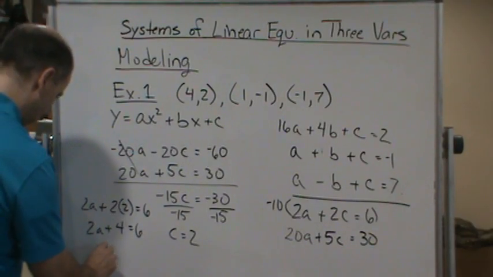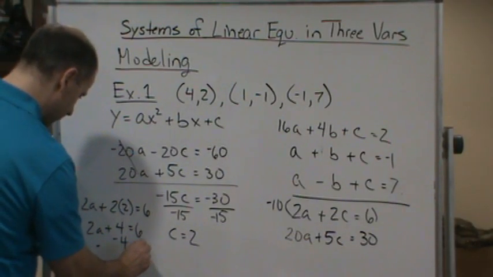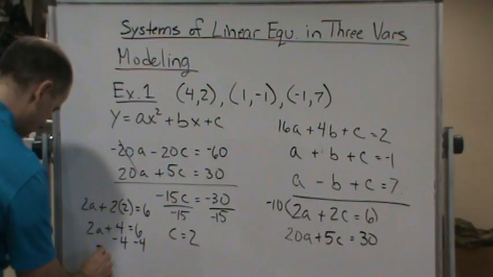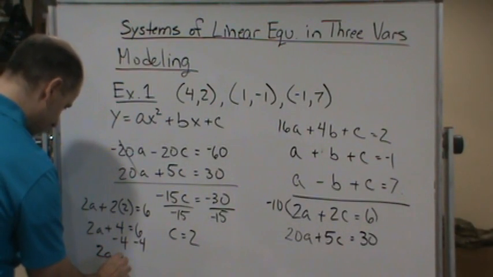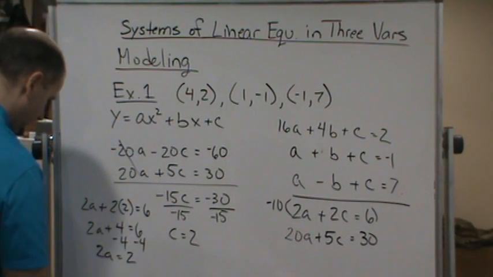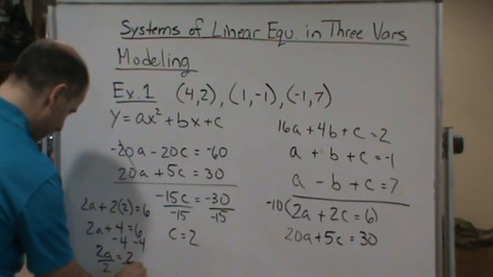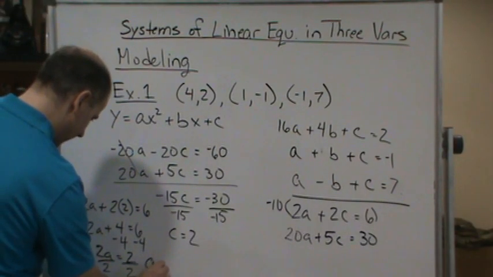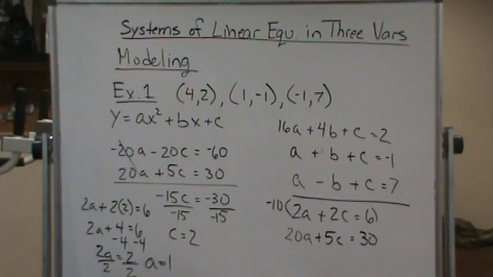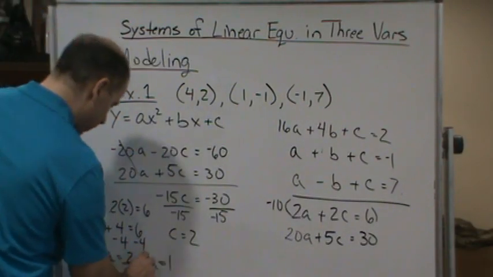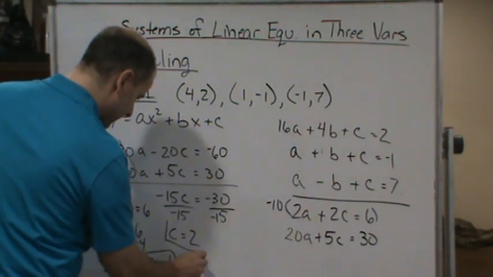I subtract 4 from both sides, and I get 2a is equal to 2, and if I divide both sides by 2, I get a is equal to 1. Cool. So now I found a is 1, c is 2.